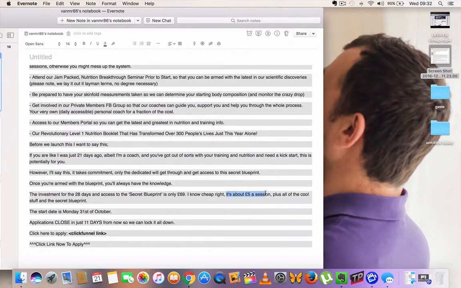And then we worked out how much per session it is, because there's a lot of boot camps that offer pay as you go sessions for £5, £3, and oftentimes 69 quid upfront can seem like a lot, but when you break it down for them, it's £5 a session, plus all of the cool stuff in the secret blueprint.